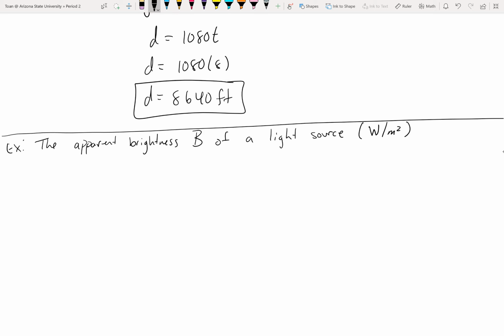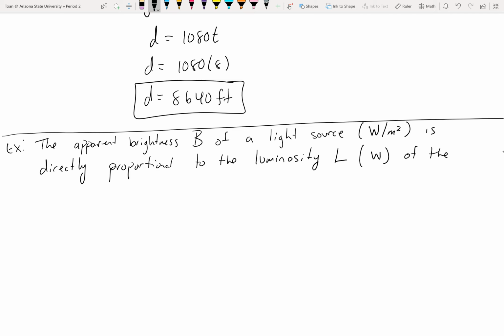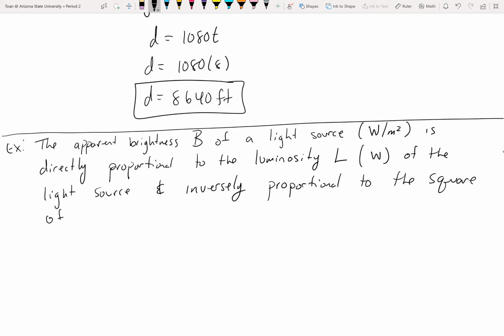It is directly proportional to the luminosity, which the variable we use is capital L, and its units is in watts, of the light source, and inversely proportional to the square of the distance, and they tell you to use the variable lowercase d, from the light source. And the units there will be meters.